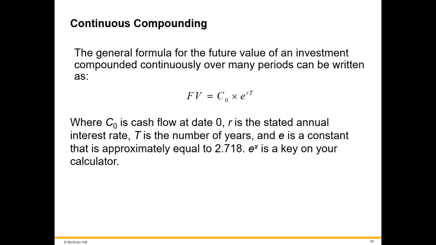Now, if it was more than 1 year, it would be the number of periods times t, but I'm just going to put 10 in. Oops, I'm sorry, I should put in 0.1 as 10%, and you get 1.1052.